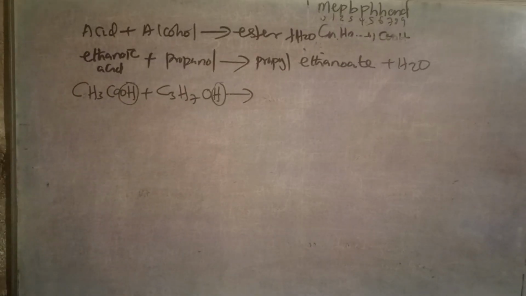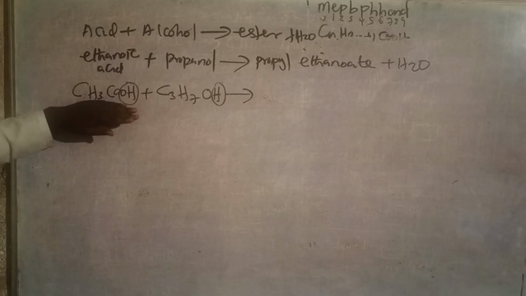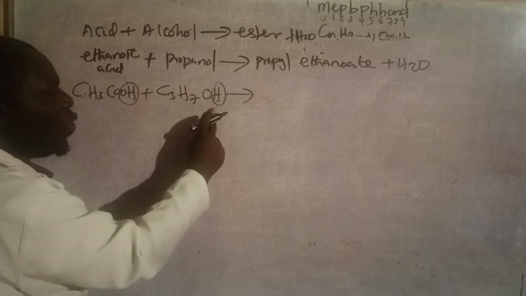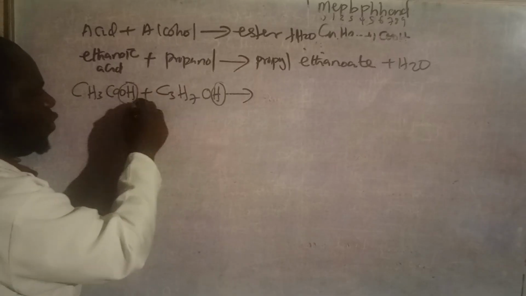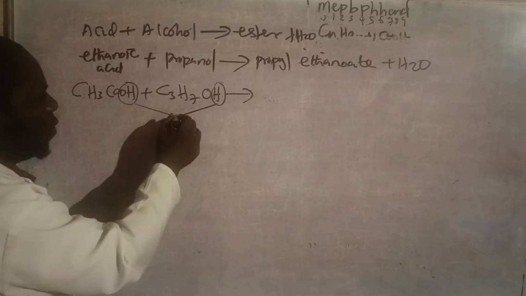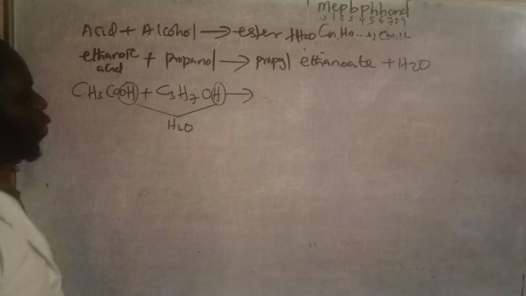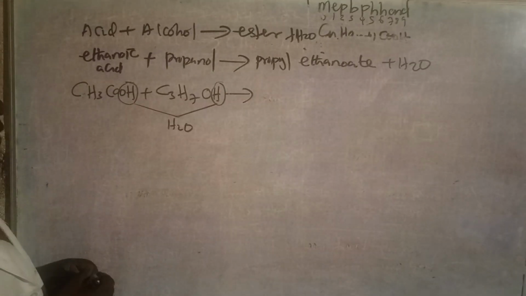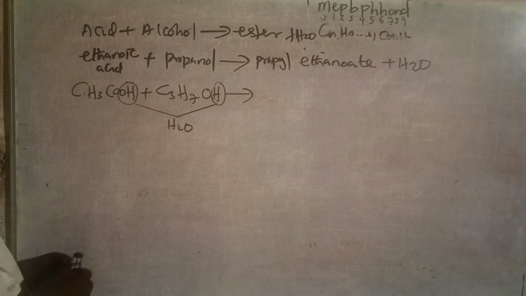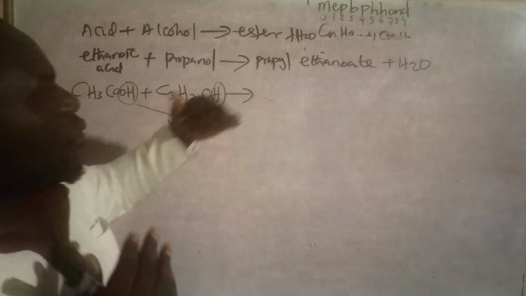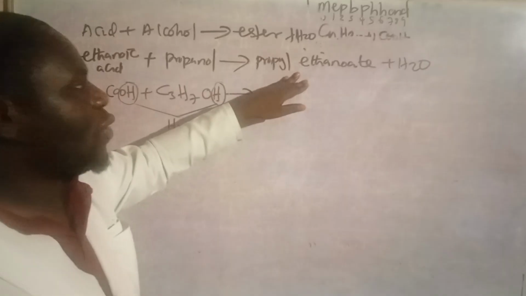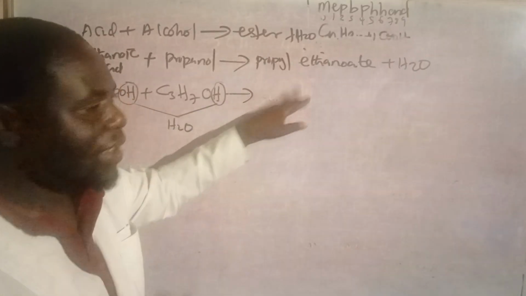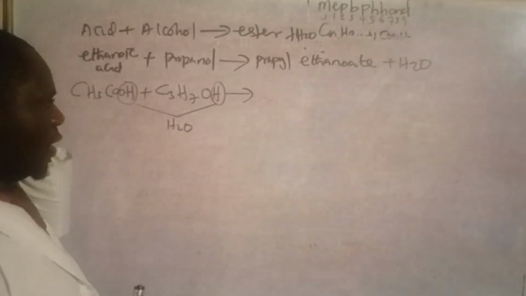So in short, the acid loses OH, then the alcohol loses hydrogen, and this part forms what we call water. Now the remaining part is written. When pronouncing the word, when calling the name, you start with alcohol. But when you're writing the chemical formula, you start with acid.